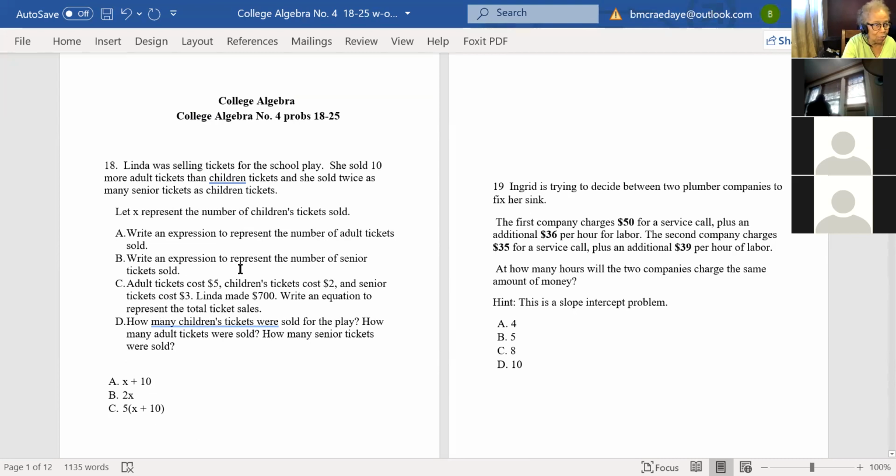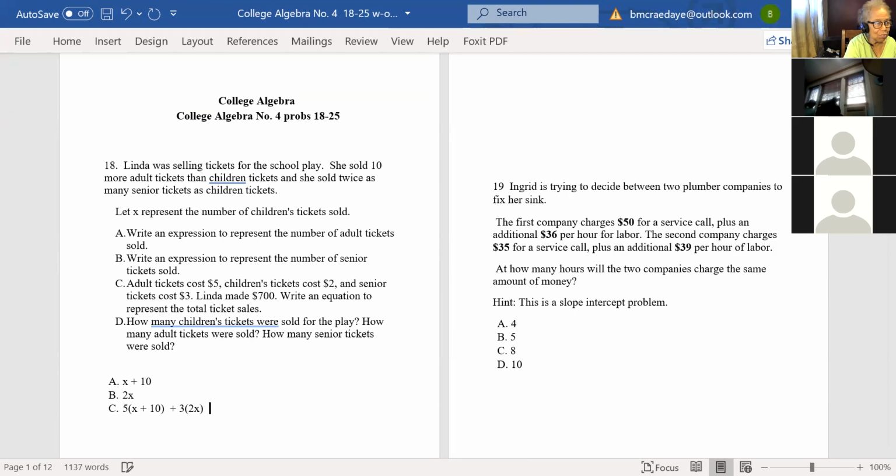Now, let's go to the senior tickets. Chastity, what was the senior tickets look like? 3. That's right, $3. And what's the number of senior tickets? The expression, that's B. So what is B? You told me that before. Here it is. 2x. That's it. So it'll be 3 times 2x.